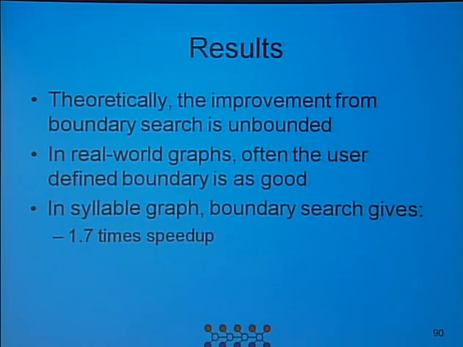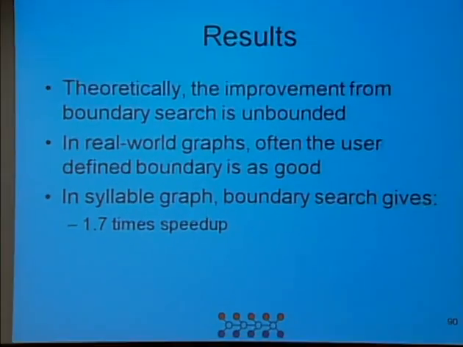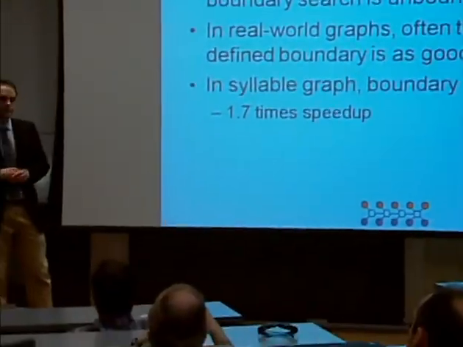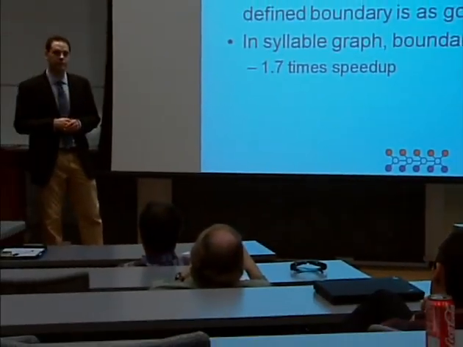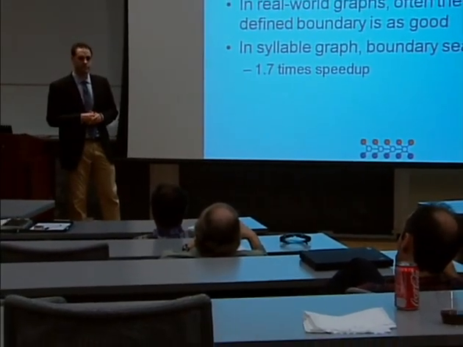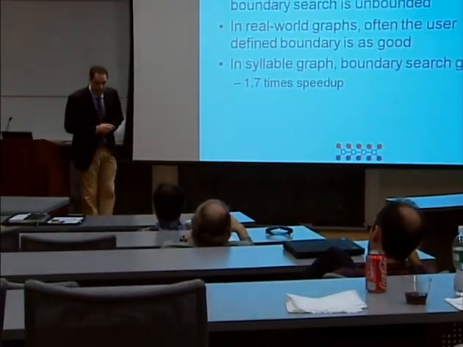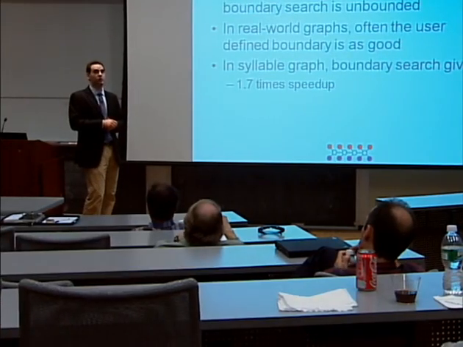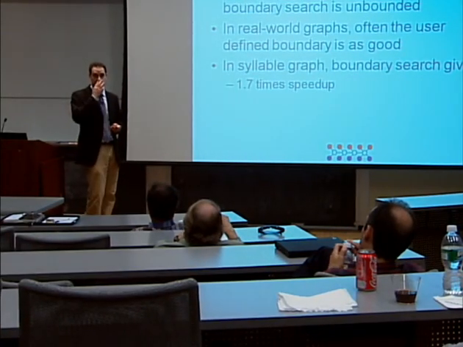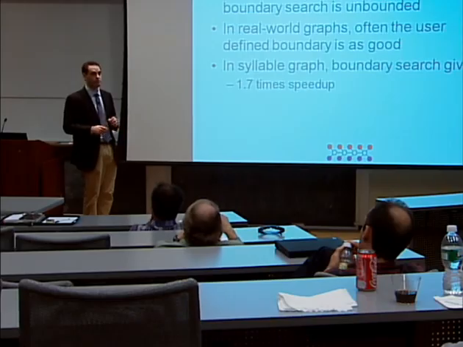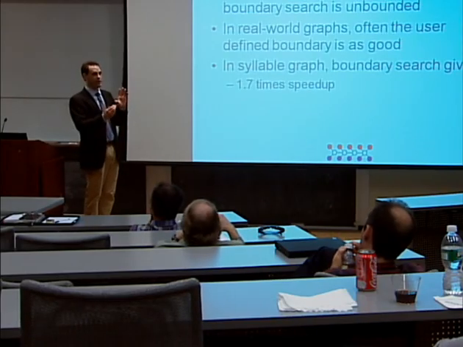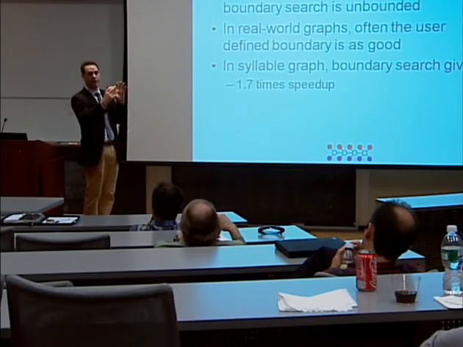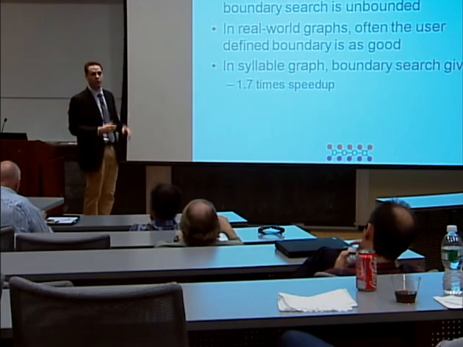Jason? So are you guaranteed that when you do boundary search, if in the user-defined frame you had, let's say, 10 nodes, I'm guessing that the boundaries that you look for will also have 10 nodes per frame? Yes. Is that guaranteed to give you the optimal solution of the unrolled graph? So actually, no. There's an additional parameter we try, which will look for a boundary in one frame, and then it will look for a boundary across 2 frames, and then it actually goes all the way up to 4.